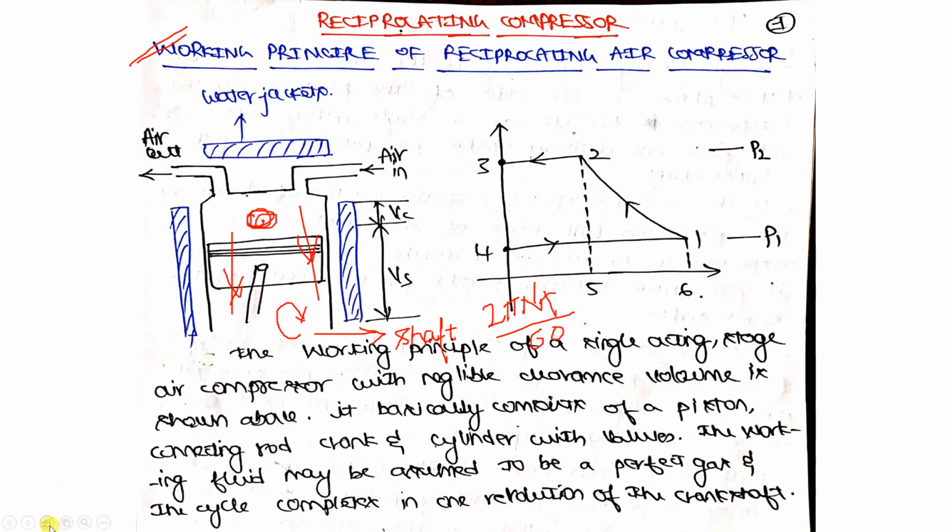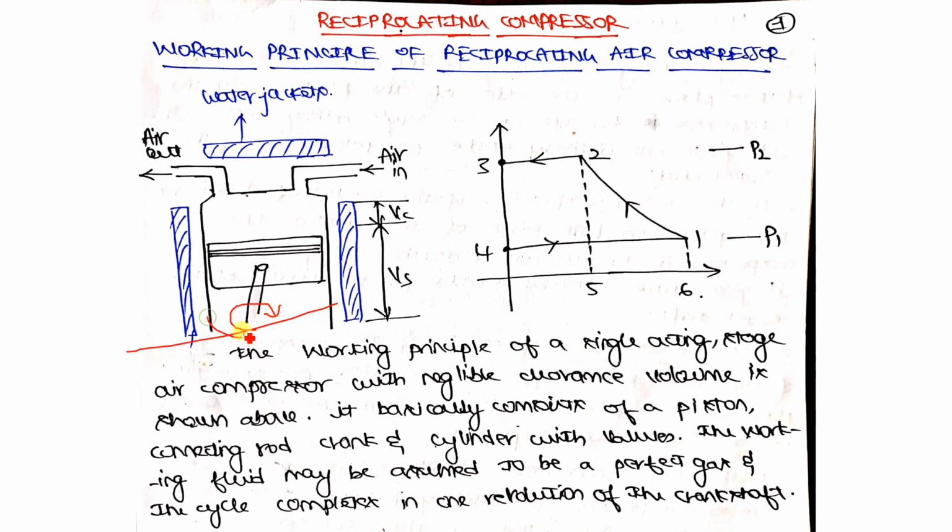So what happens in a compressor? You are giving the shaft power to an air compressor, so this becomes your input. From this input, you are compressing the gas in a reverse order.